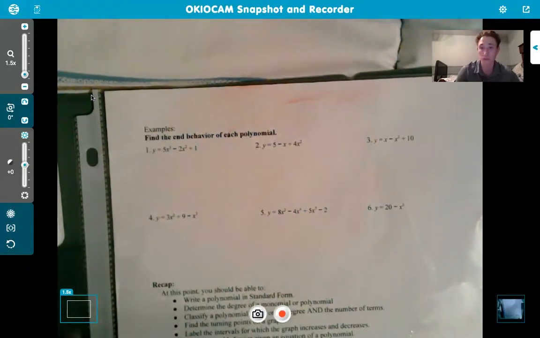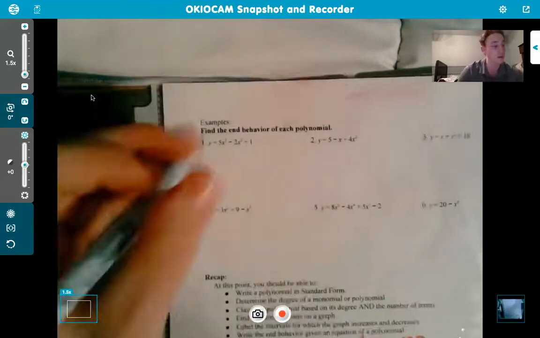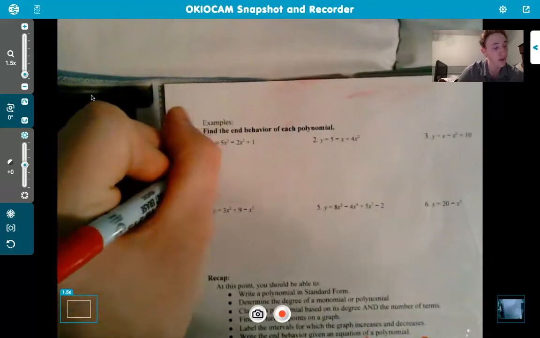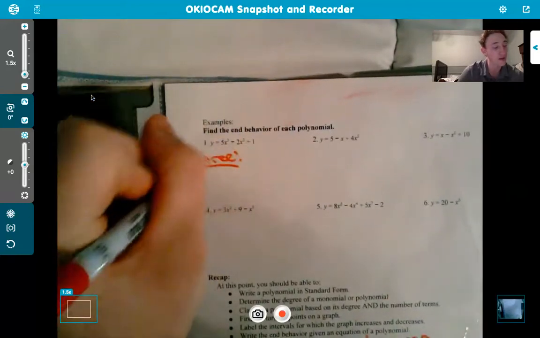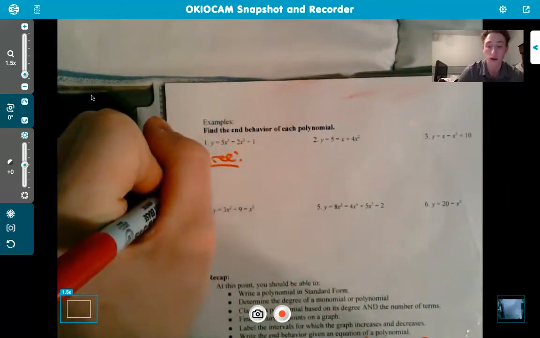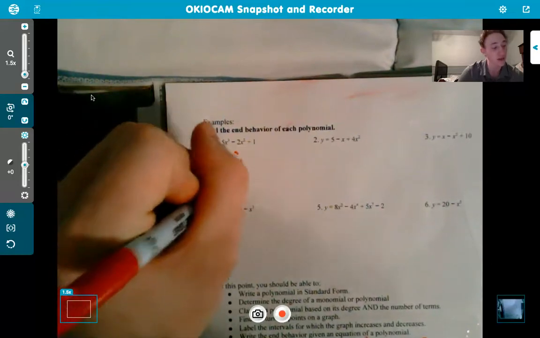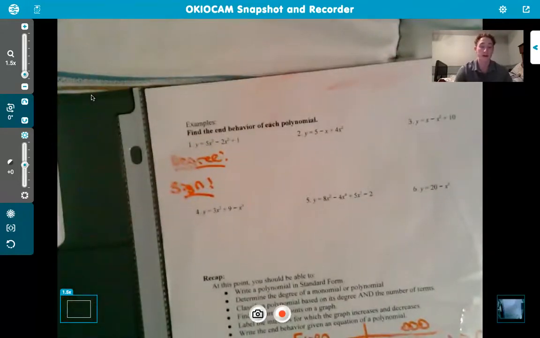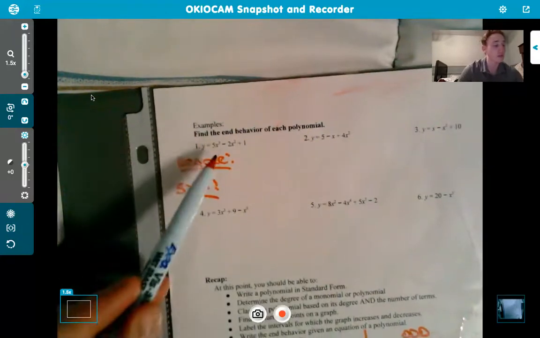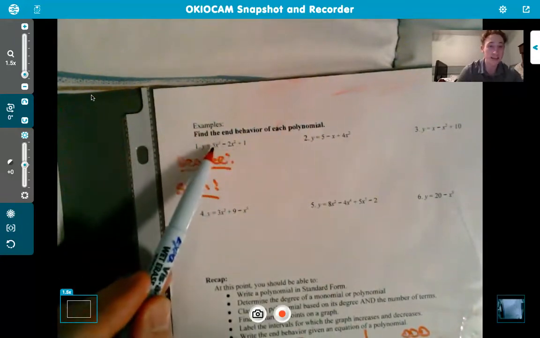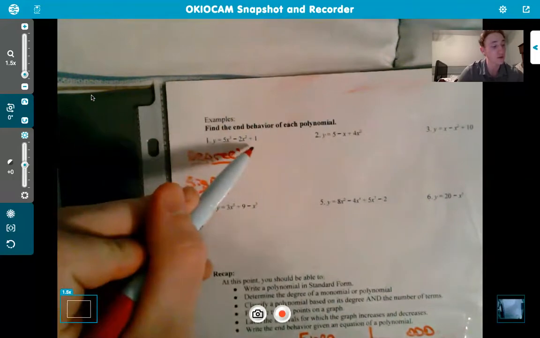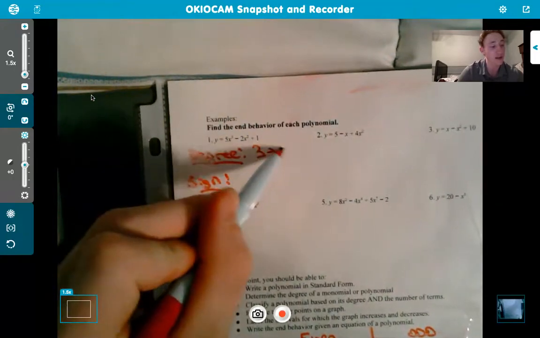The first thing we want to be able to do is determine the degree of the polynomial. And then if the leading coefficient or the sign is positive or negative, all right? Well, as I'm looking at this, the highest degree that I see is 5x cubed, so it's of degree 3, right? So I know that that's odd.